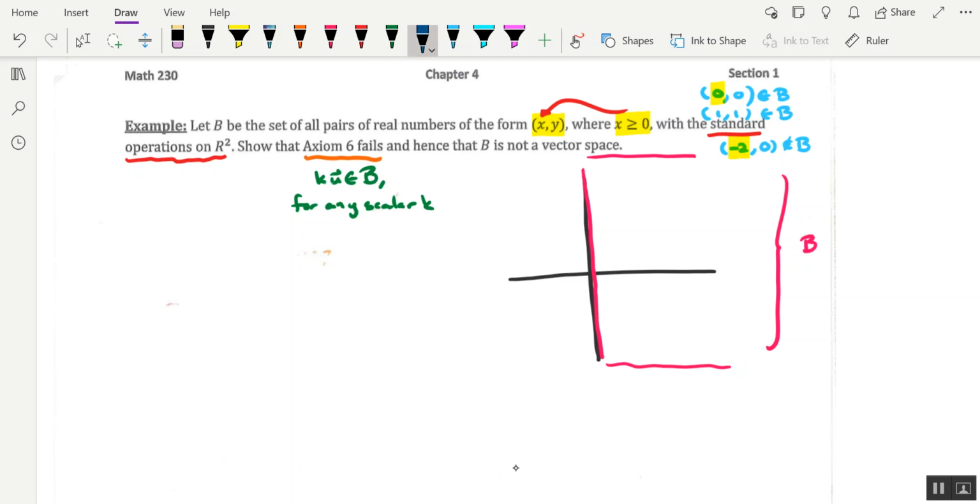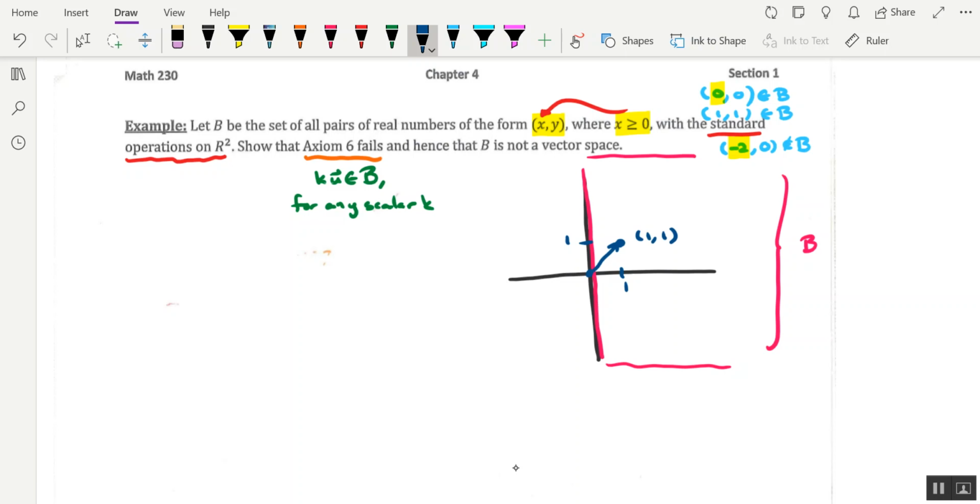Now check this out. Let's say I choose the point 1, 1. That's certainly in the set B. And let me connect it to the origin to form a vector. So 1, 1 would be the components, hence the component form of this object.